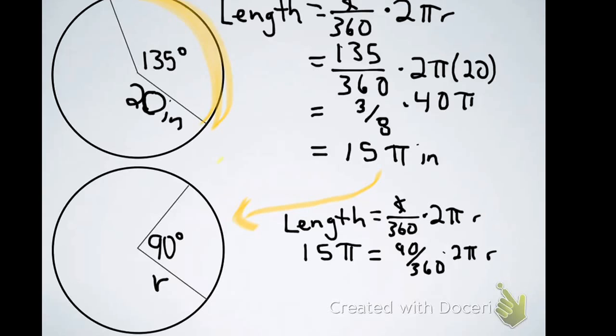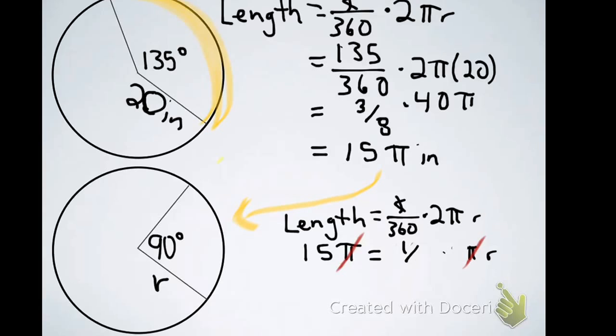The first thing I would like to do in this problem is I notice I have pi on both sides, so I can divide both sides by pi. Takes care of that. 90 over 360 becomes 1/4. But 1/4 times 2 actually becomes 1/2.